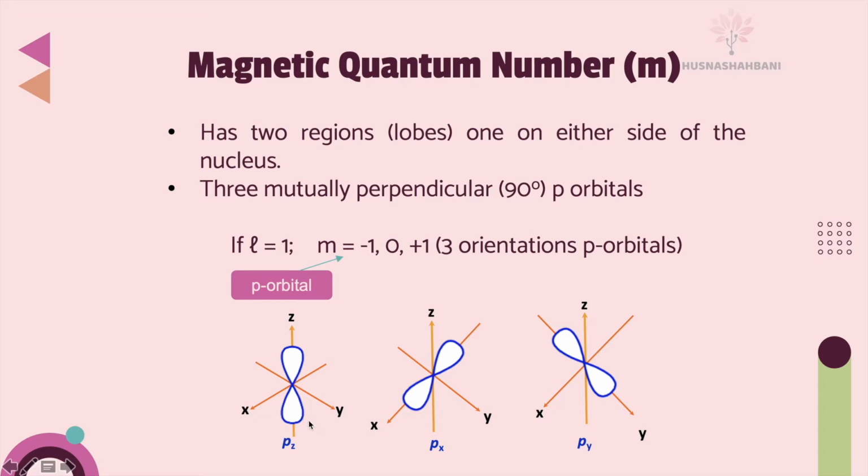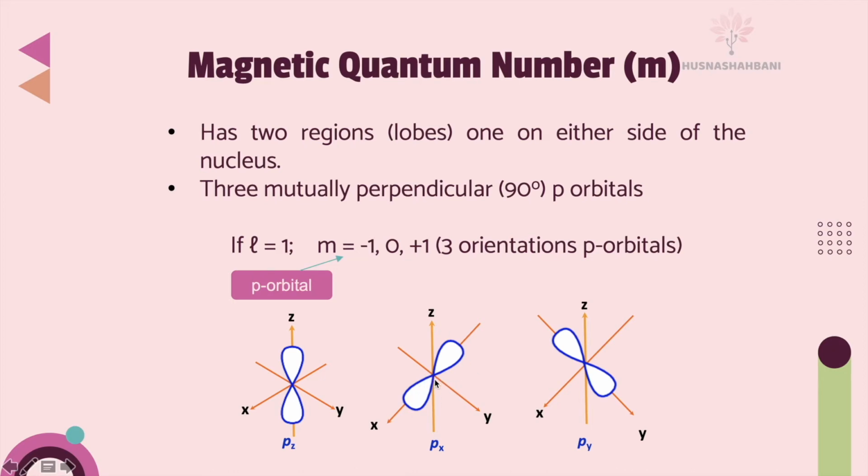So this is pz. We have the orientations pz, px, and py. For pz, the 2 lobes are on the z-axis, so that's why the name of this orbital orientation is pz orbital. This is px orbital because of the dumbbell shape.